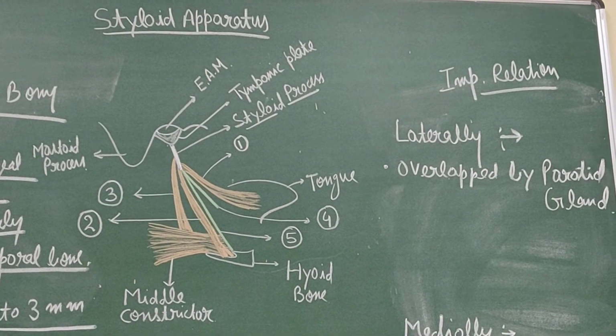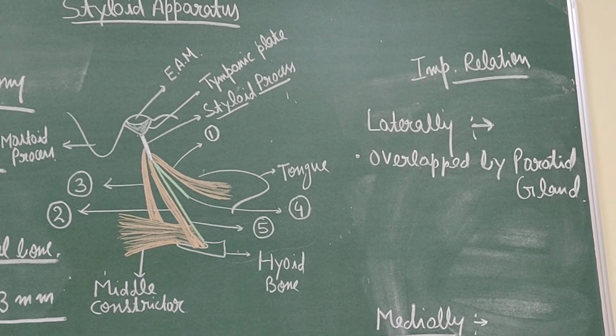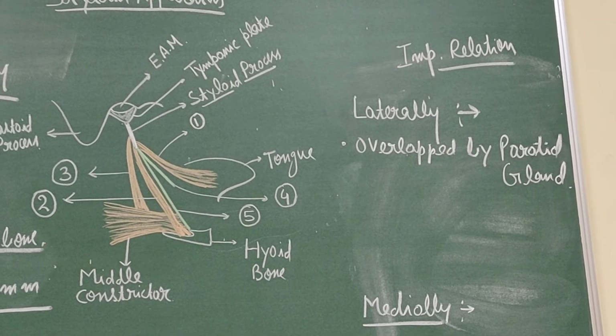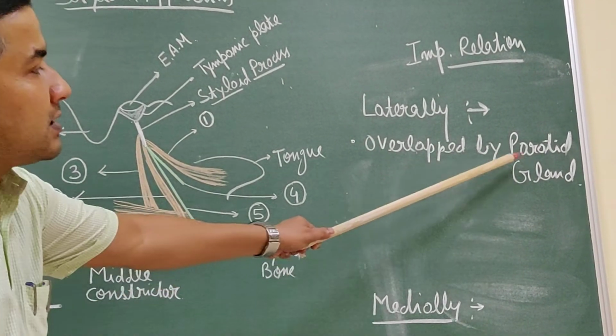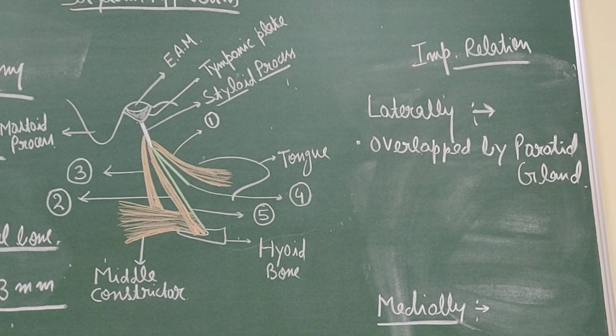And from its posteromedial surface, two important structures enter. From the upper part of the posteromedial surface, it is the facial nerve, and from the lower part of the posteromedial surface, it is the external carotid artery.